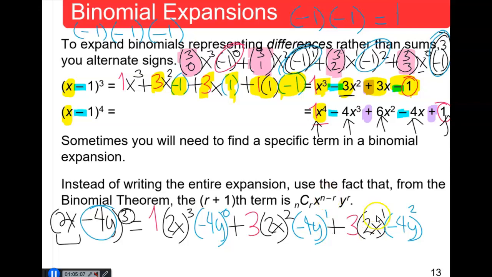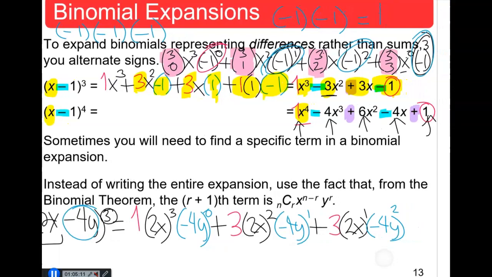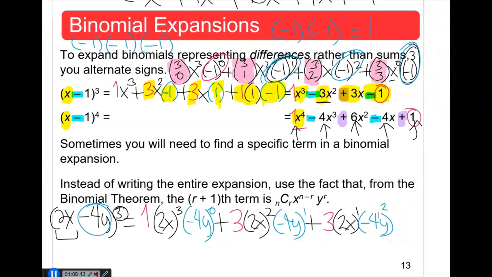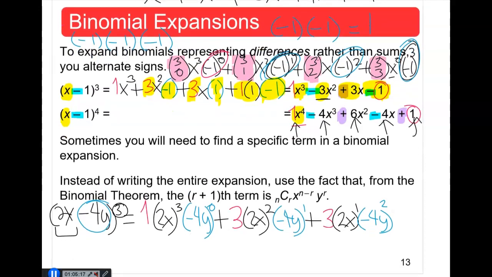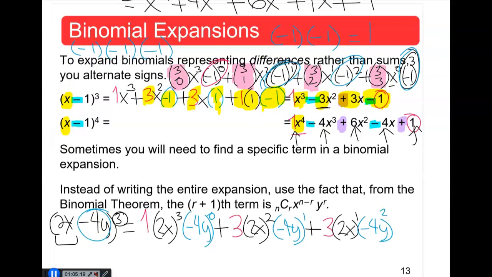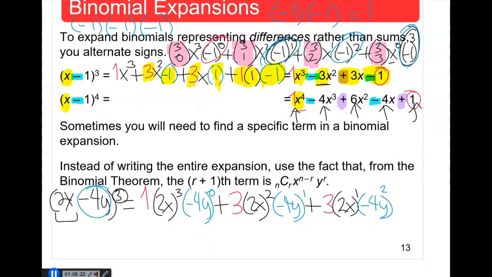And then finally, we will have plus the binomial coefficient, which is a 1. And then we will have 2x to the power 0. And then finally, negative 4y to the power 4.